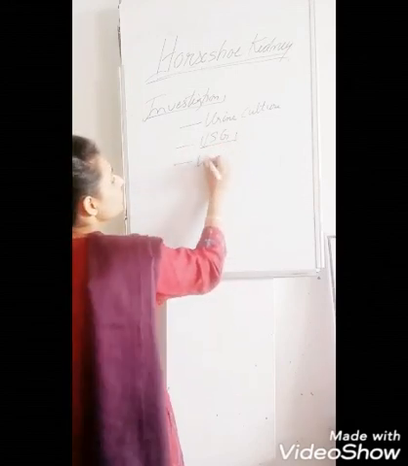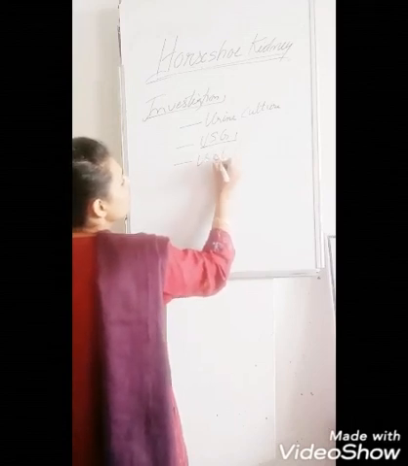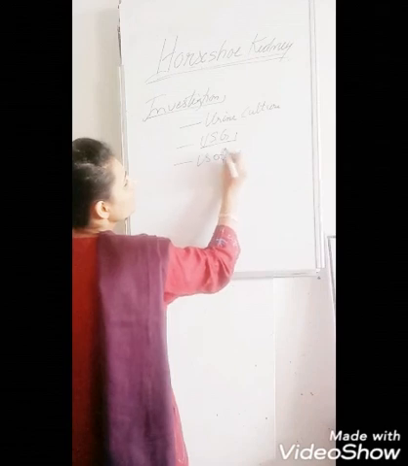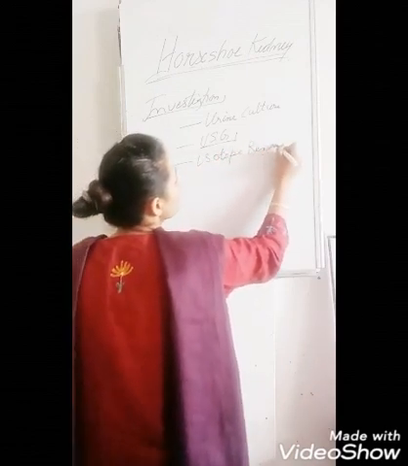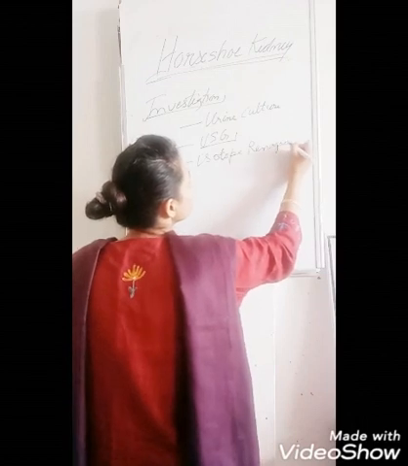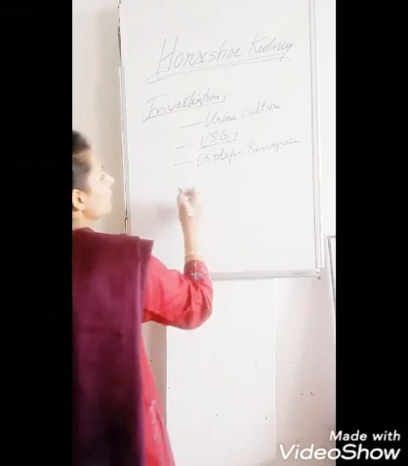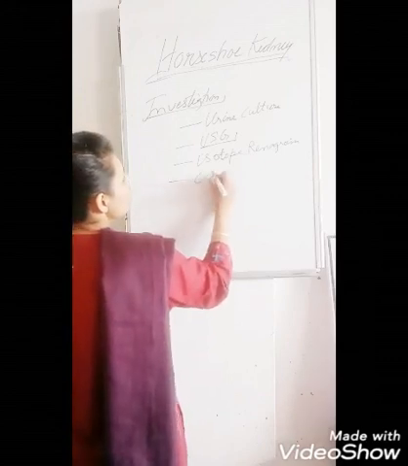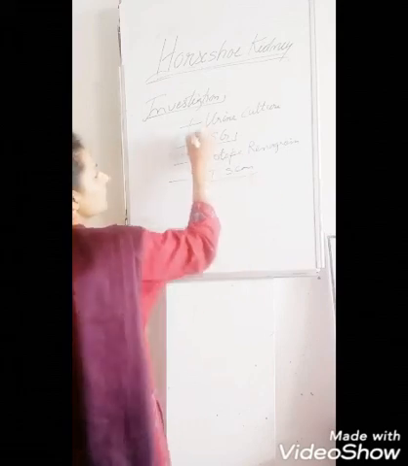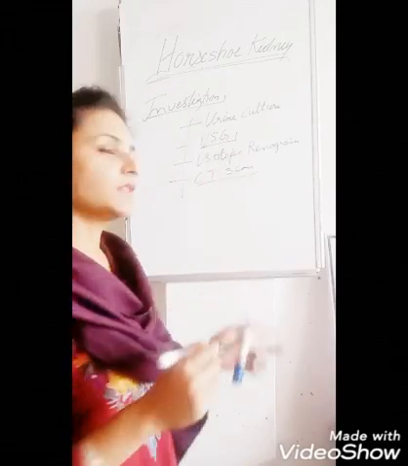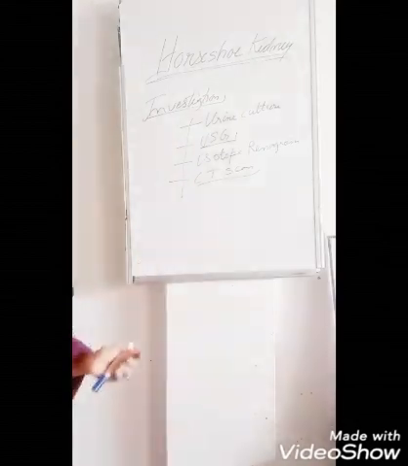Then isotope renogram. Then we will also do a CT scan. So CT scan and ultrasonography will detect the horseshoe kidney.